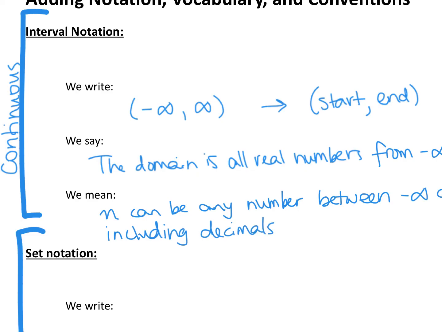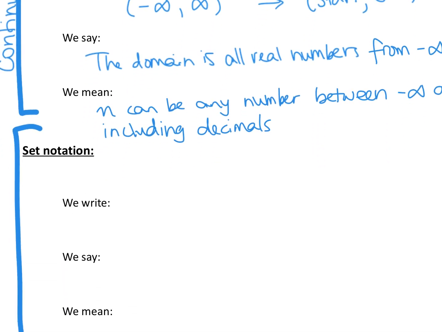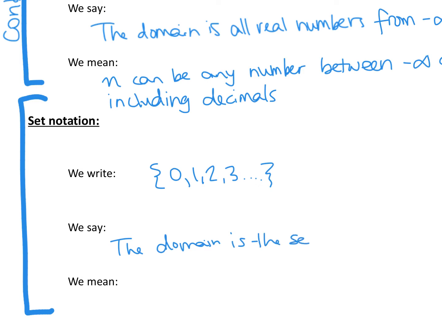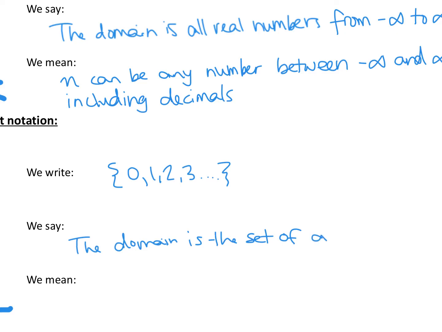All right. Set notation. How do we write this? It looks like this. It's in curly brackets. We go 0, 1, 2, 3, and so on. Okay, close curly brackets. And how we would say that is the domain is the set of all whole numbers, right? Because 0, 1, 2, 3, 4, and so on is whole numbers.